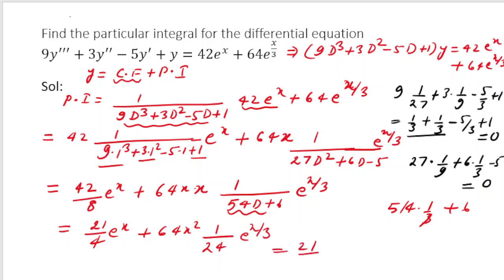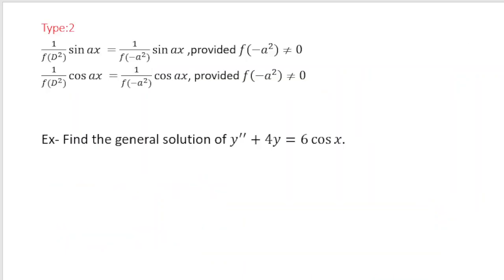After simplification you can write 21 by 4 e to the power x plus 8 by 3 x square e to the power x by 3. So this is the PI part. CF part is something that you have to do yourself. Okay, so I think if these two types of problems are asked, you won't find it difficult to solve it.